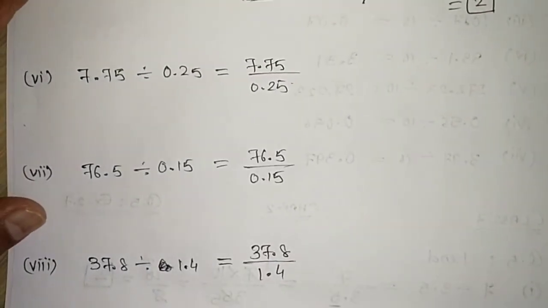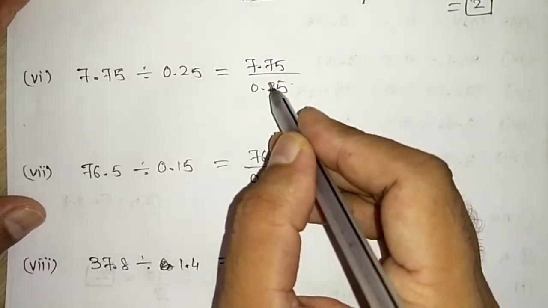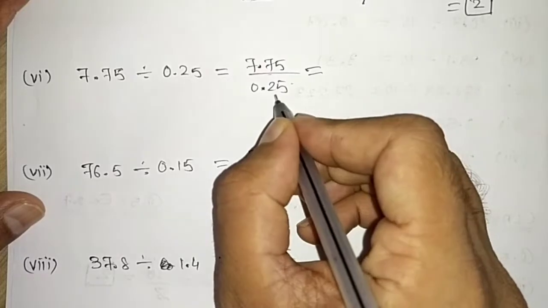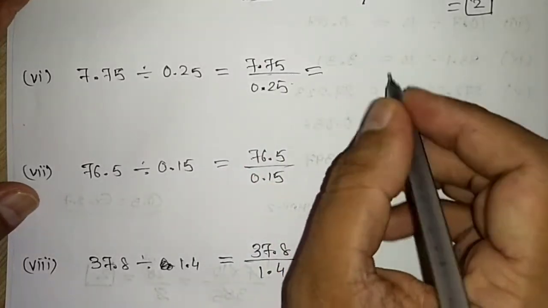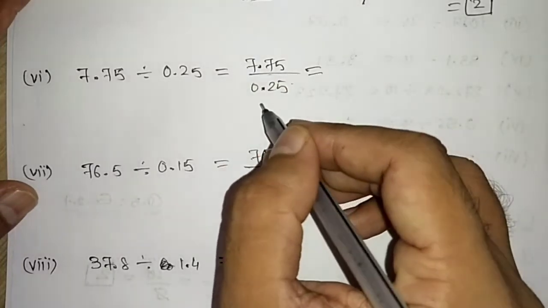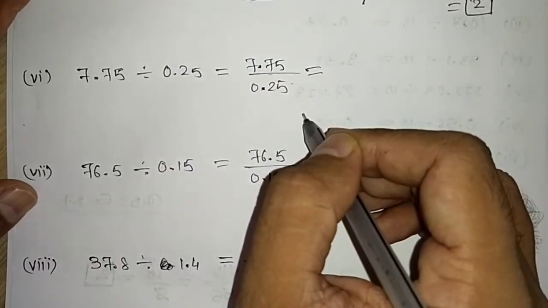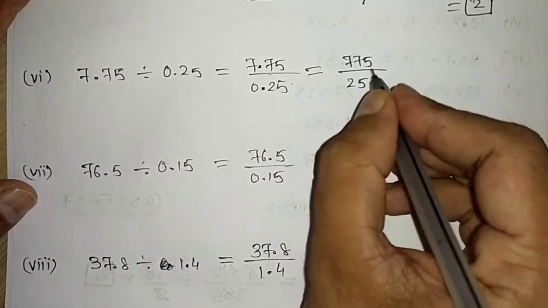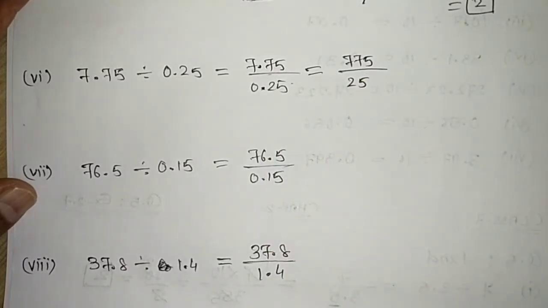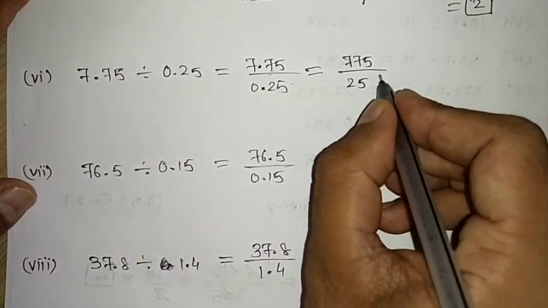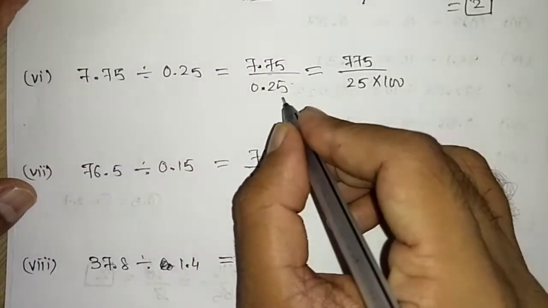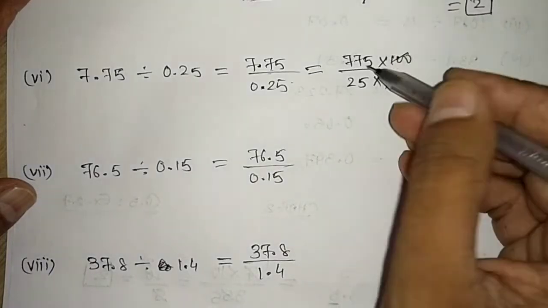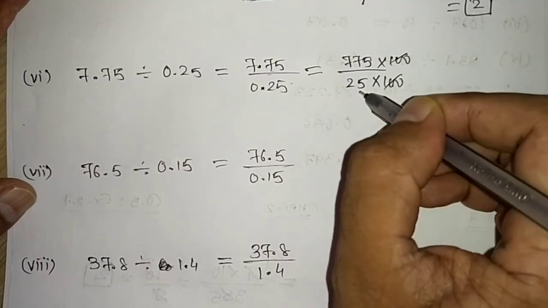Moving to the next number, 7.75 divided by 0.25. Here you can see the numerator is also having 2 decimal points and the denominator is also having 2 decimal points. We can directly remove 2 decimals from above and the denominator also, and we can write 775 divided by 25 without writing 100 divided by 100, because if we remove 2 decimal points we have to place 100 below. Here also 2 decimal points, 100 above, and 100 will cancel out. So eventually we will get 775 divided by 25.